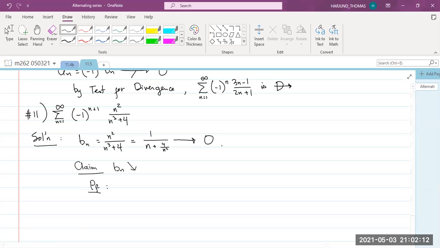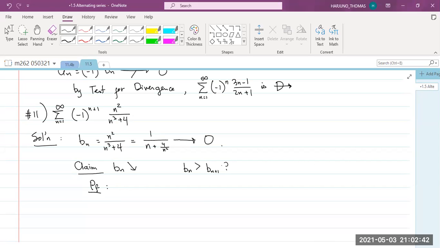In other words, B sub n is greater than B sub n plus 1. How do you prove that this sequence of positive terms is decreasing?